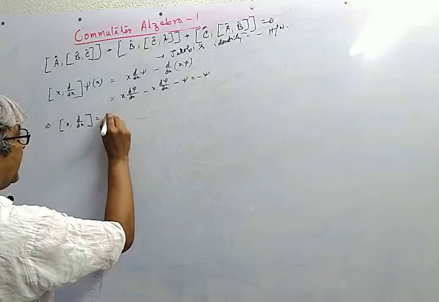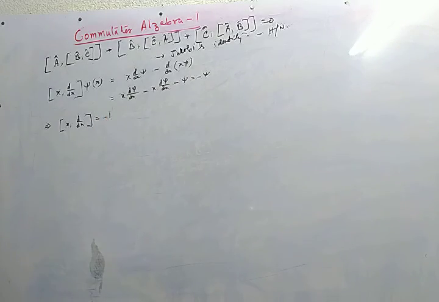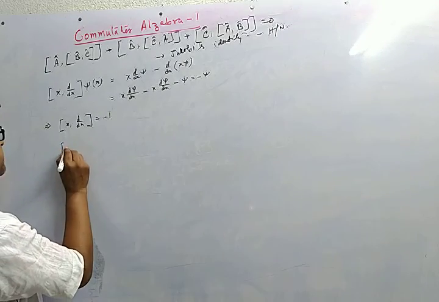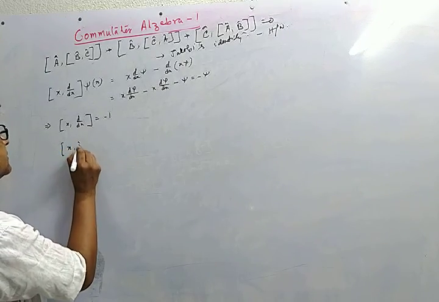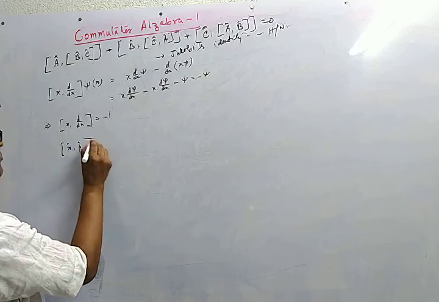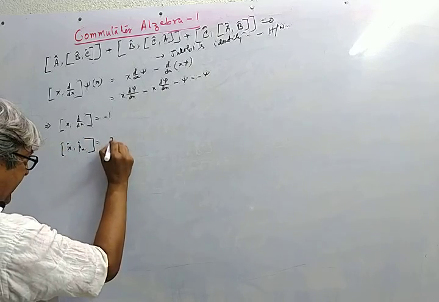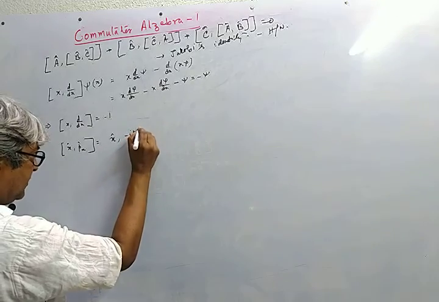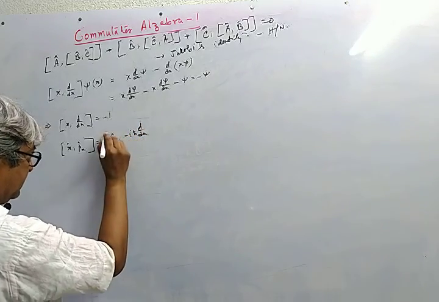Consider the basic commutator relation, the x px commutator relation. This is x with minus i h-bar d/dx in one dimension.